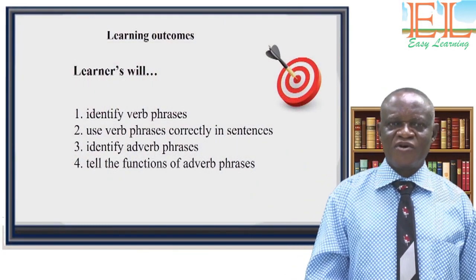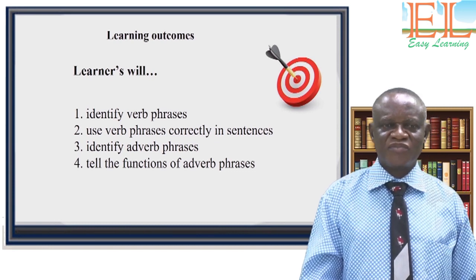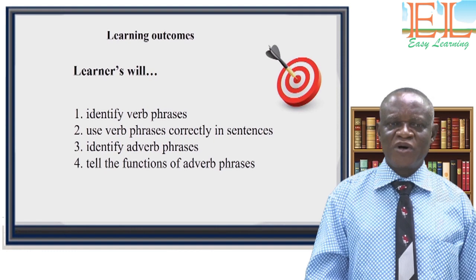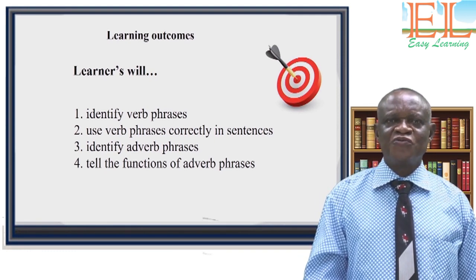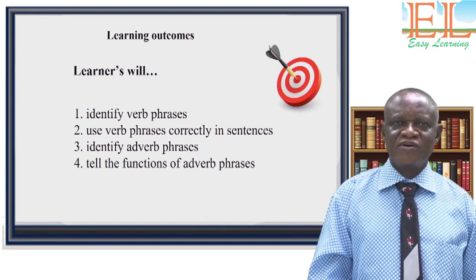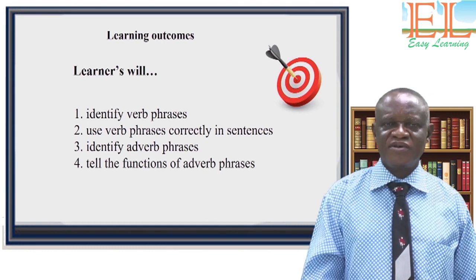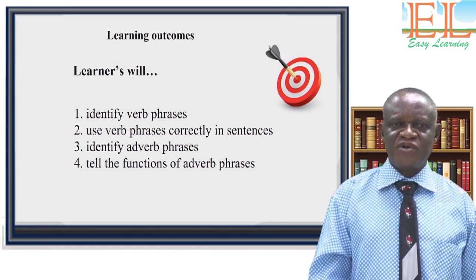Now, let us look at our expectations in this lesson. You will identify verb phrases, use verb phrases correctly in sentences, then identify adverb phrases and tell the functions of adverb phrases.